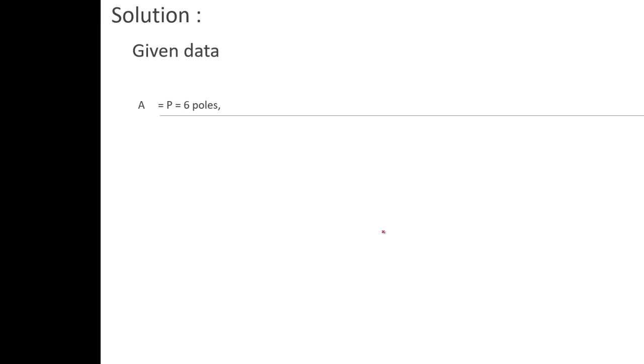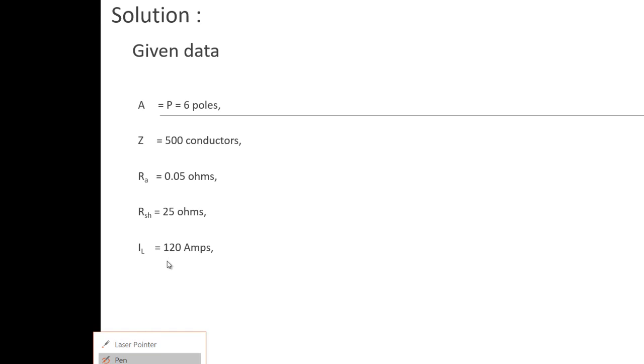It is a lap winding, so the number of parallel paths will be equal to the number of poles. So A is equal to P is equal to 6 poles, and Z is 500 conductors, RA is 0.05 ohms and RSH is 25 ohms, and IL is 120 amps, V is 100 volts, phi is 2 into 10 to the power of minus 2 webers. So we'll see the problem now.